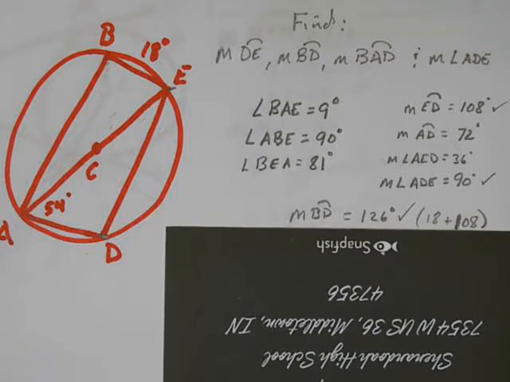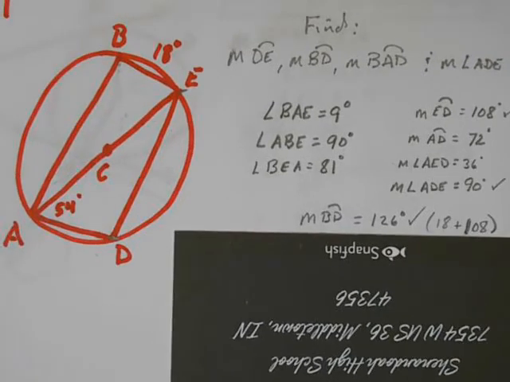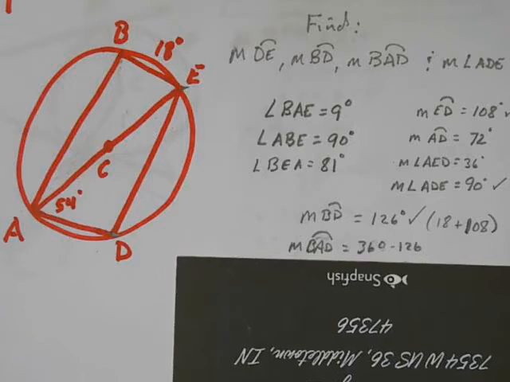What is the measure of arc BD? Well, we add two arcs together, 18 plus 108, and the measure of arc BD is 126. And lastly, the measure of arc BAD, 360 minus 126.